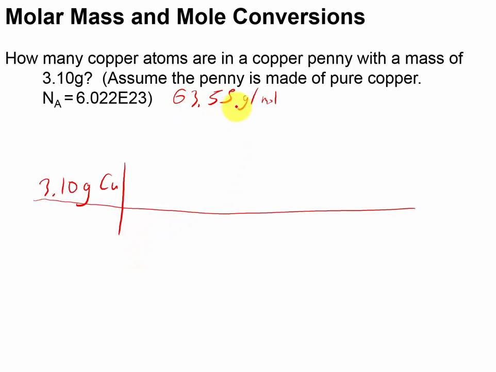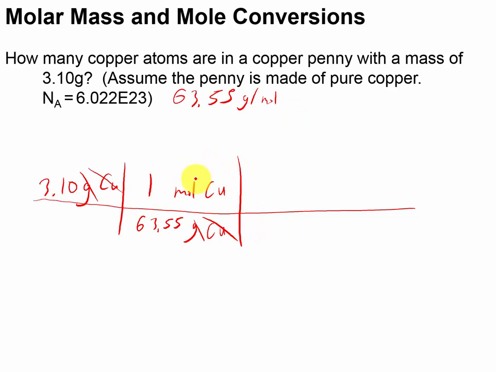Now, we're going to need to get from grams into moles, making this the next conversion factor I want to work with. Grams need to be cross-canceled, so they'll go in the bottom. 63.55 grams in 1 mole of copper, and then copper. Grams will cross-cancel, copper will cross-cancel. I'm currently in moles of copper.